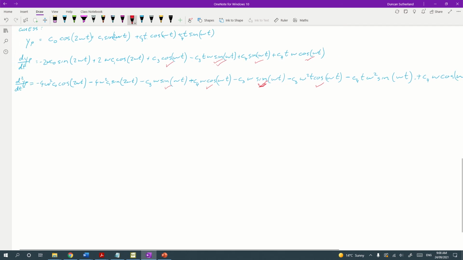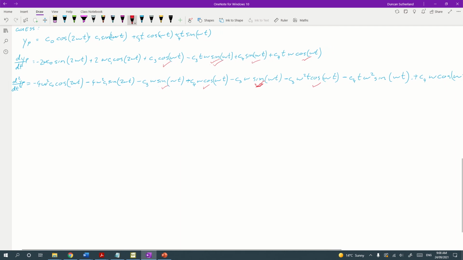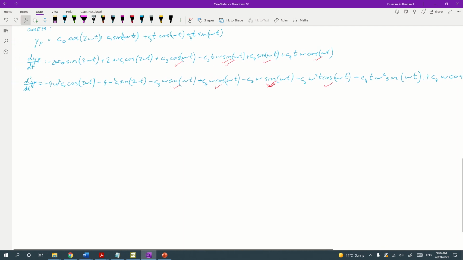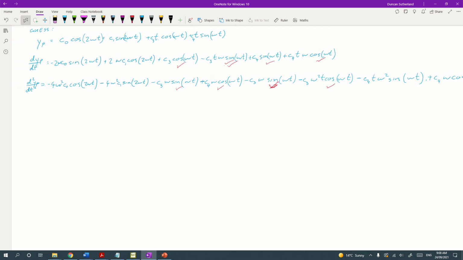Okay, so be careful with long expressions like this. It's very easy to lose things. Let's simplify this a little bit. There's not much we can do about this. This one will simplify a little bit.